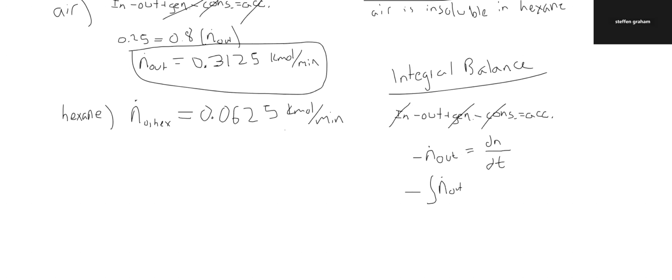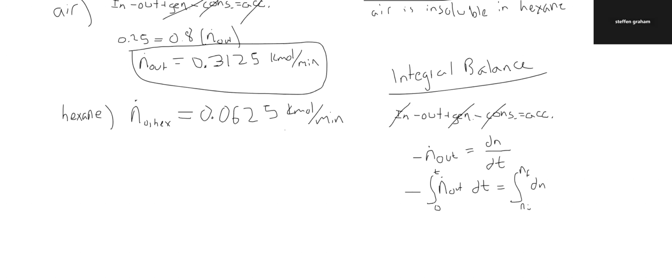And this would be dt and then dn. And then here we have from the initial to the final, and over here from time 0 to some time t.